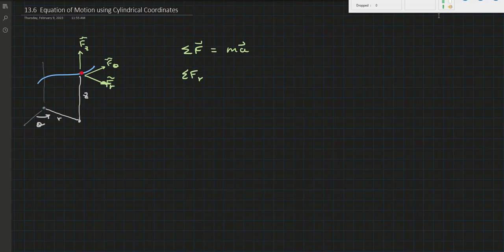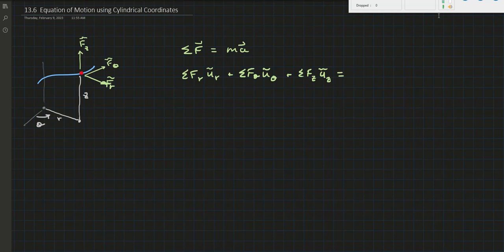Let's actually make this a scalar coefficient and use a unit vector here for the direction. Plus, we'll sum forces in the theta direction. Plus, we'll sum forces in the z direction.